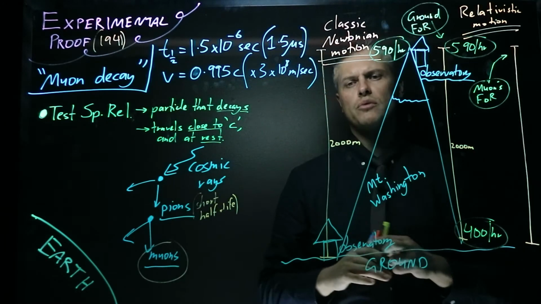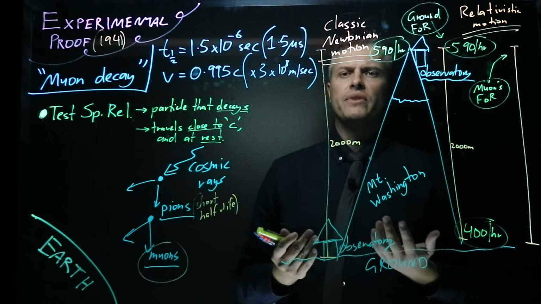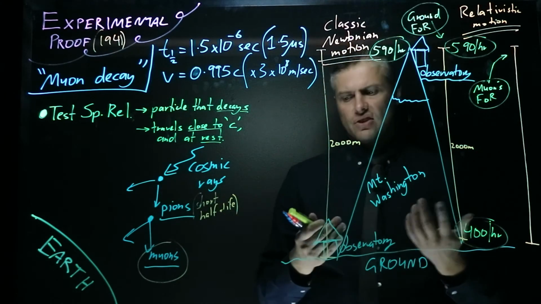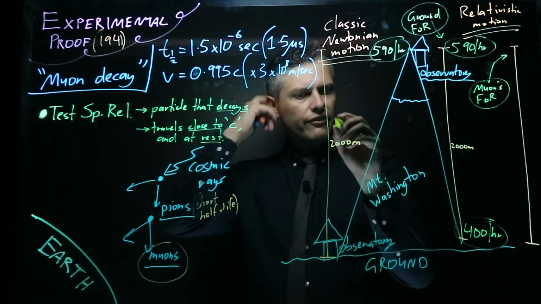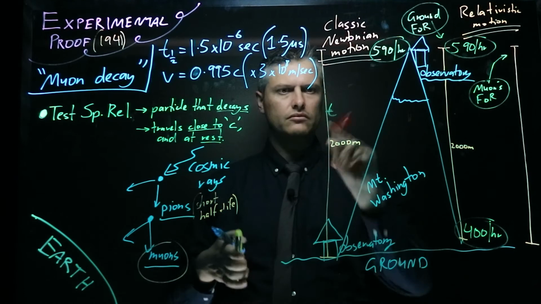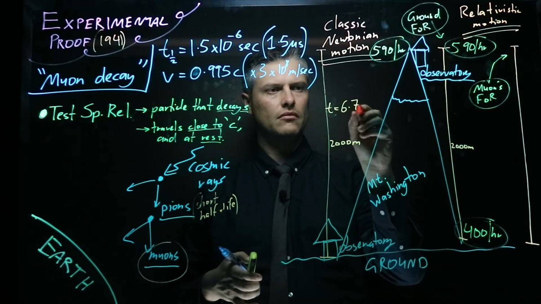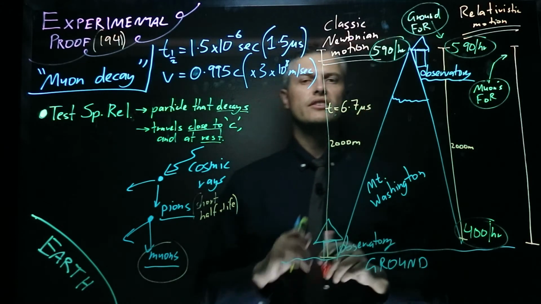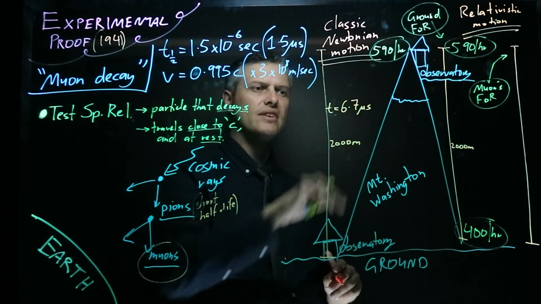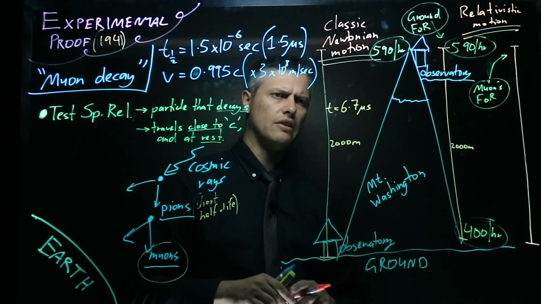Using the equation speed equals distance over time to solve for the time, it turns out that the time required is 6.7 microseconds. So that's how long it would take to travel that distance.